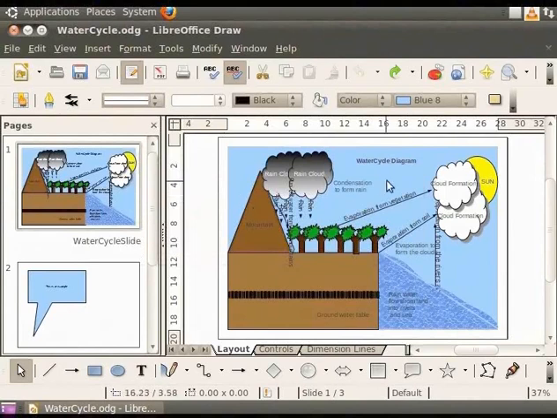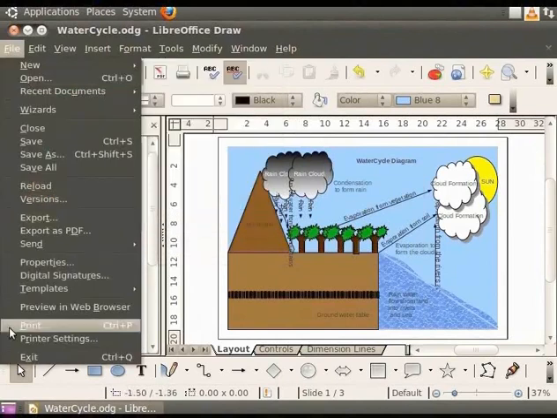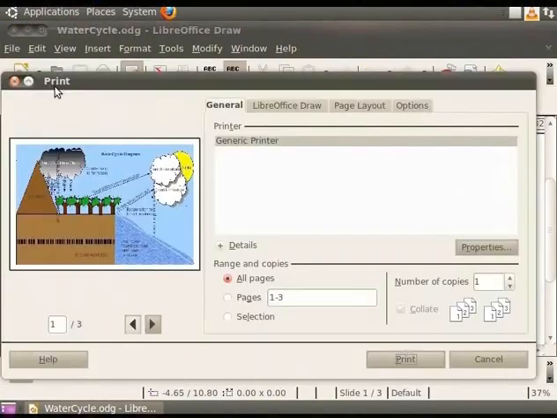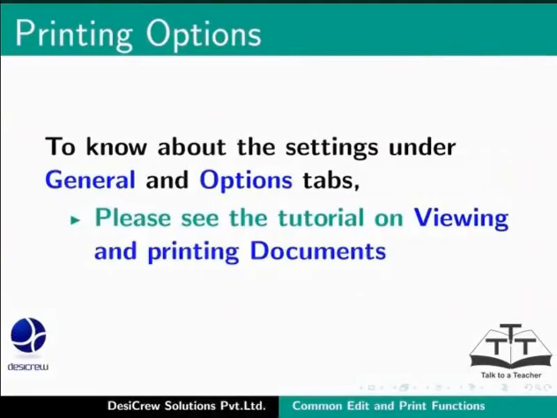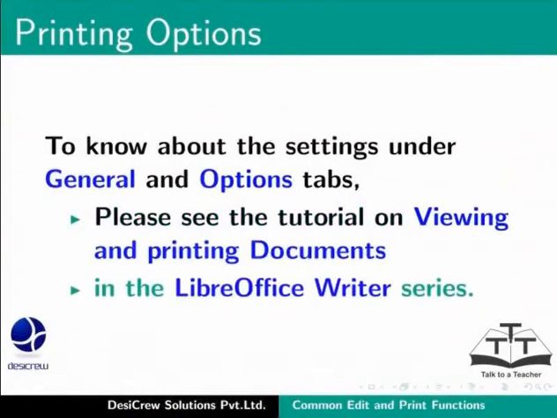Now, let's set printing options and print the water cycle diagram. In the main menu, click File, then click Print. The Print dialog box appears. To know about the settings under General and Options tabs, please see the tutorial on viewing and printing documents in the LibreOffice Writer series.